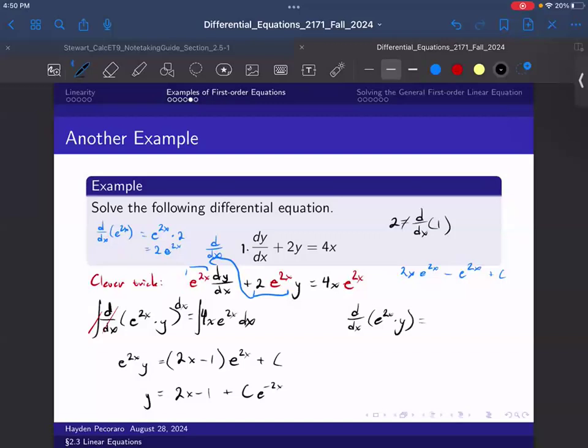So the first term, derivative is 2e to the 2x. Then I multiply by y, plus e to the 2x times the derivative of y. Right? So it pops into the derivative over here. Thank you. Any other questions like that?